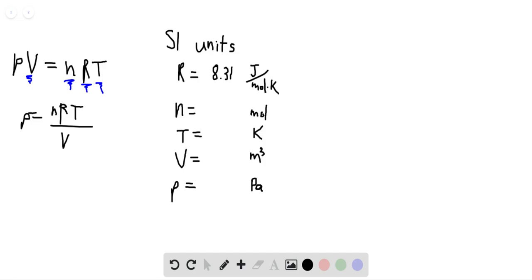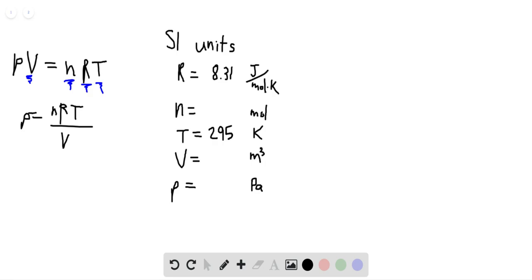Okay, first of all, let's do temperature because that's one of the easiest ones. 21.6 degrees Celsius. We can add 273 degrees and it becomes 295.